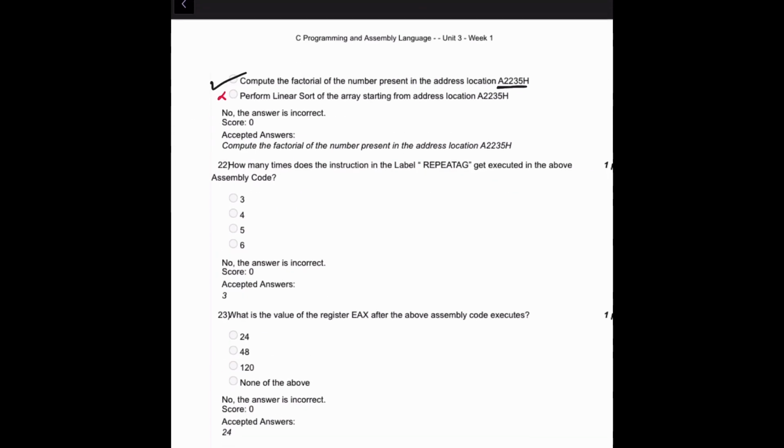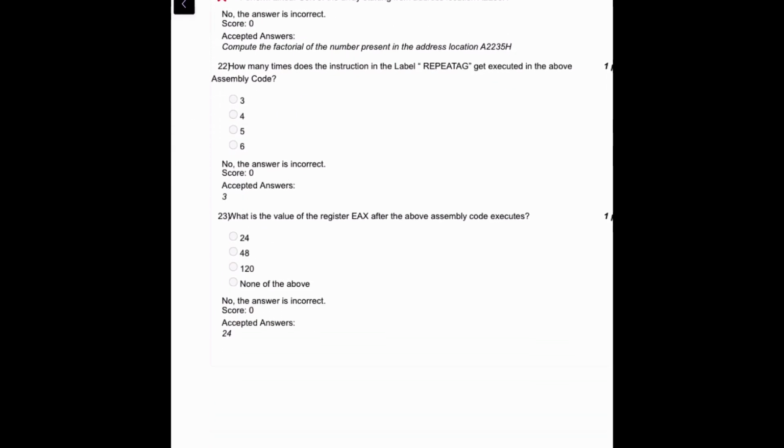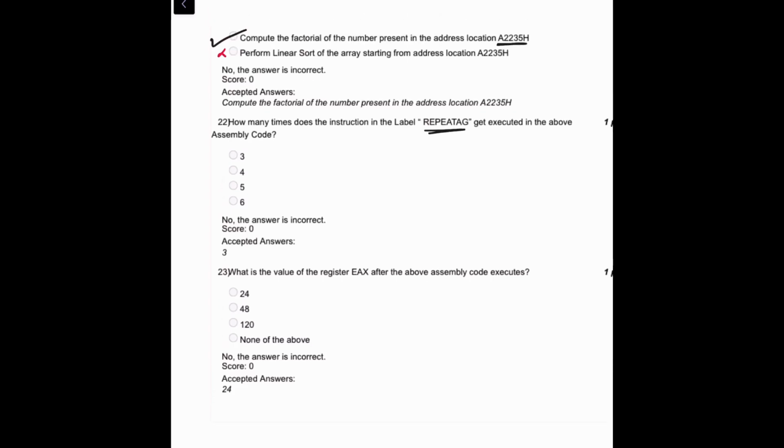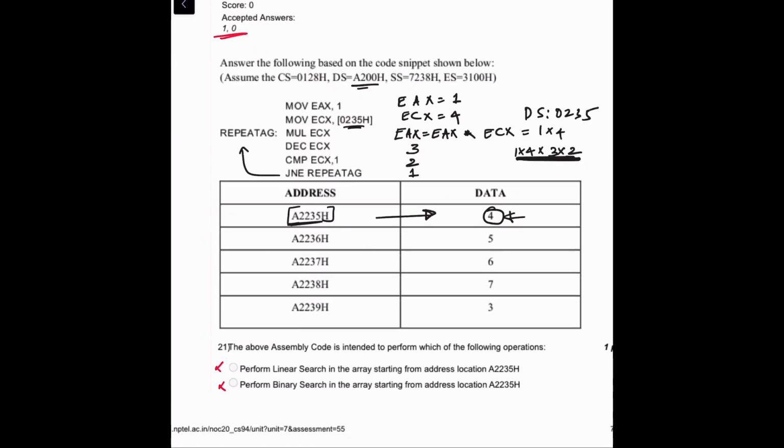Okay, question 22. How many times does the instruction at the label repeat get executed in the above assembly code?